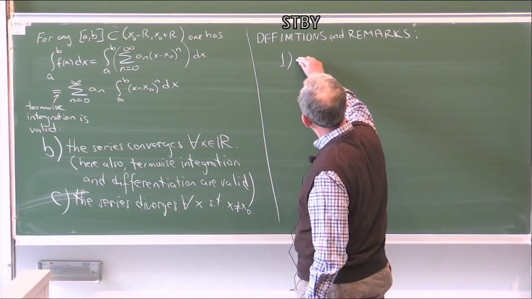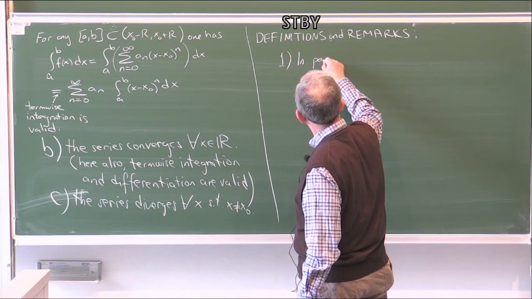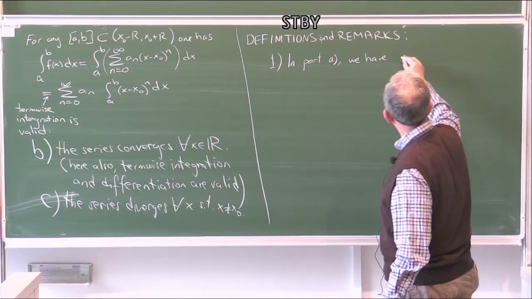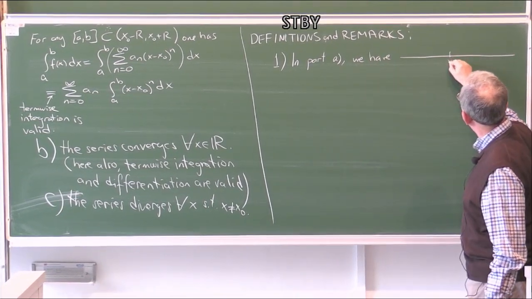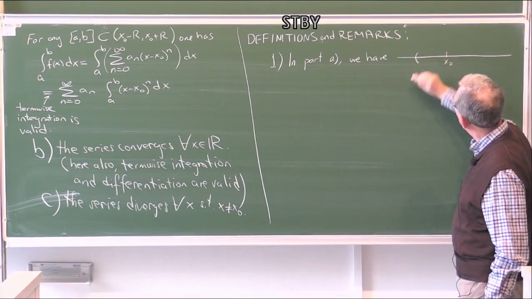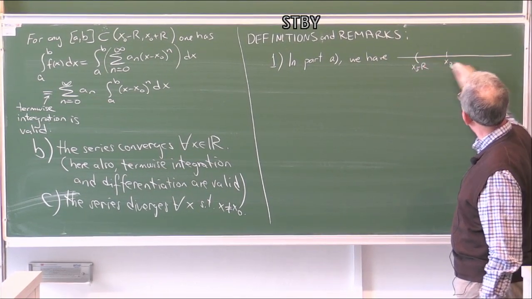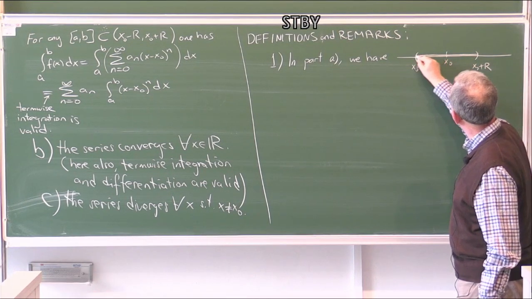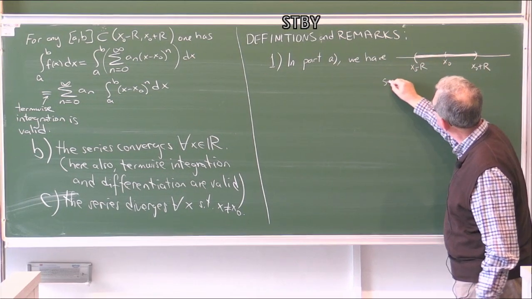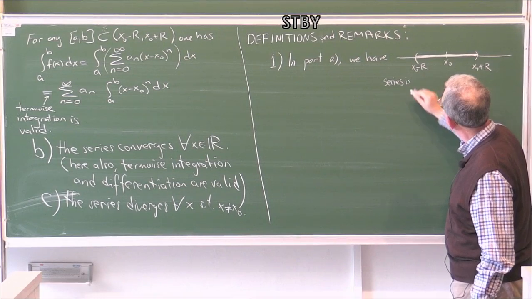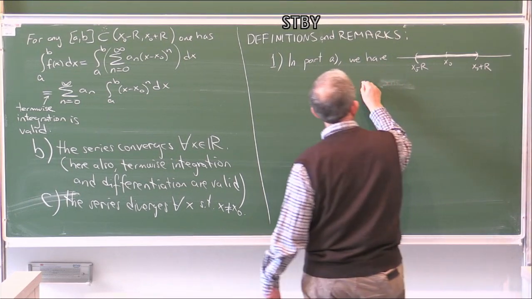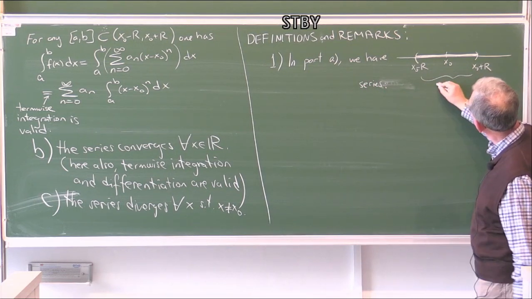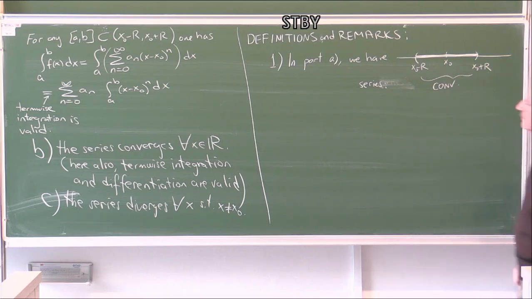So in part A, we have the following. We have our x0. We can go as far as x0 minus R, respectively x0 plus R. And in this interval, let me write it over here, the series is convergent for every x there.